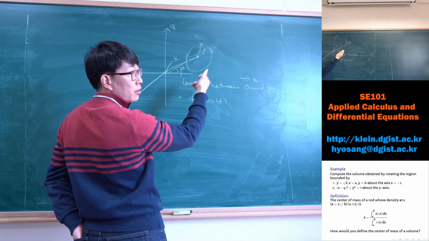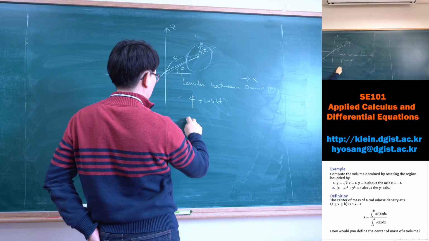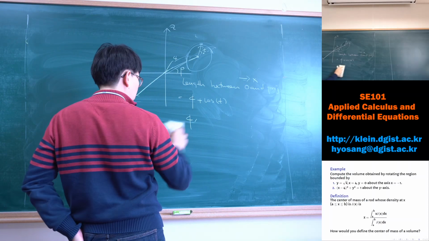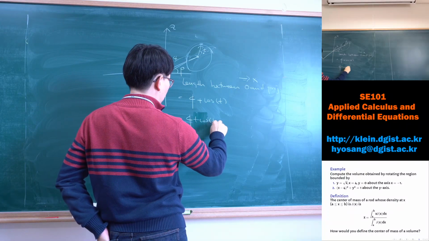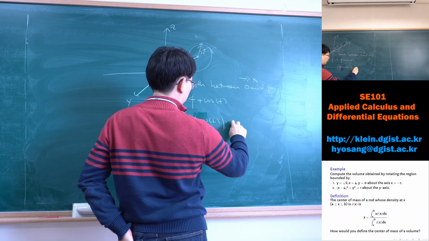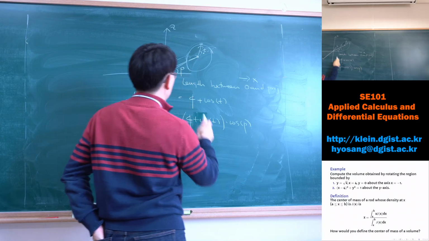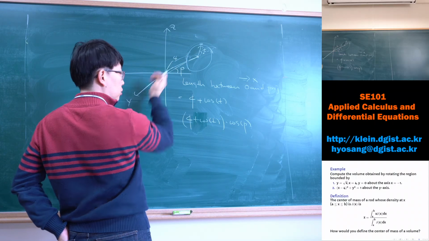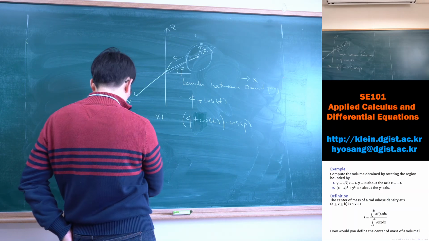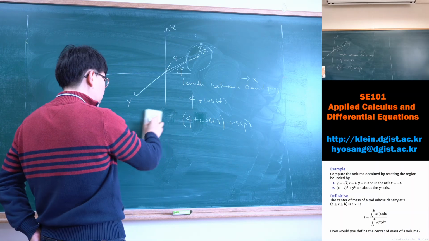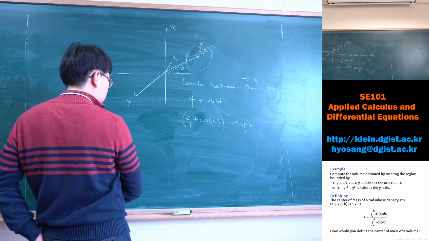Now, in order to determine the x and y coordinates, you have to take the radius 4 plus cosine t and multiply it with cosine p, the angle of rotation of this circle. So that's the x coordinate of the point.